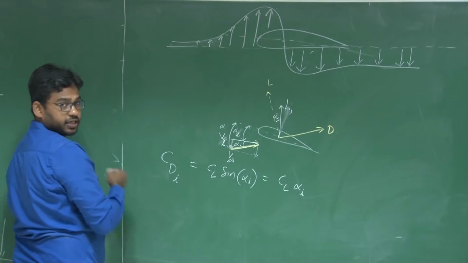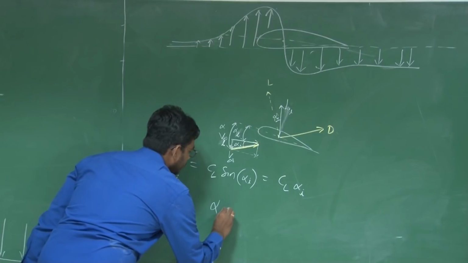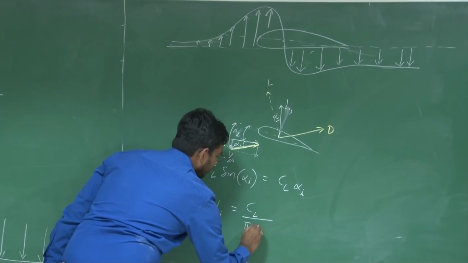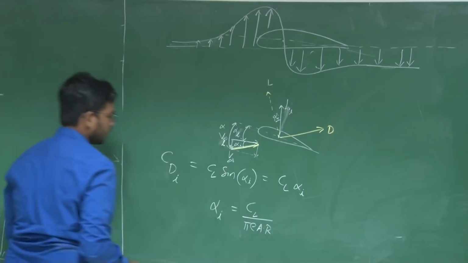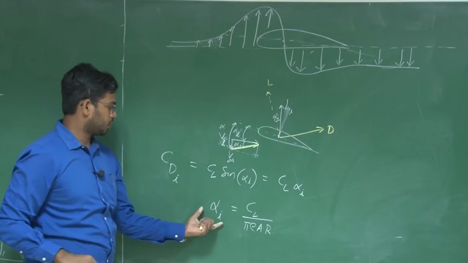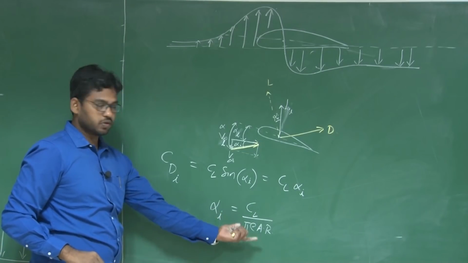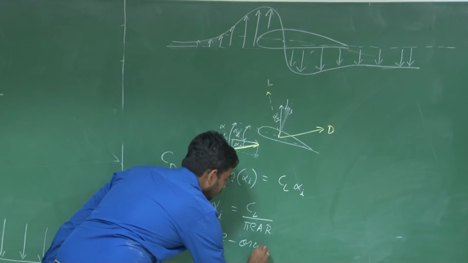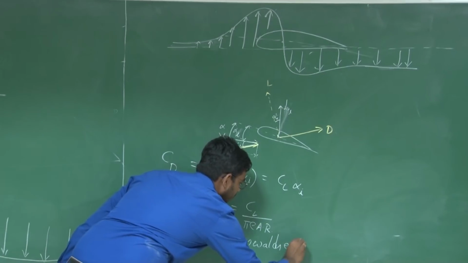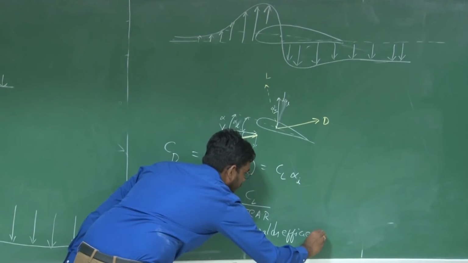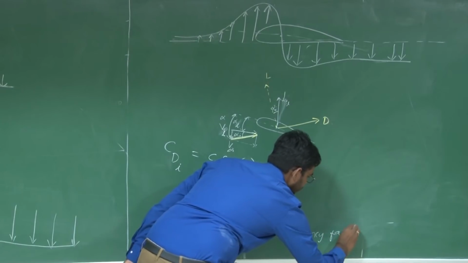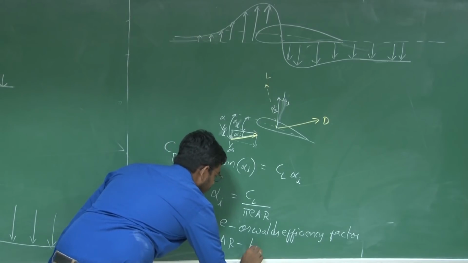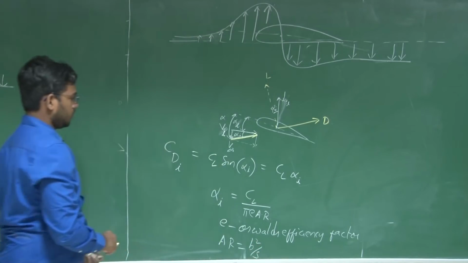So according to this lifting line theory, this alpha I is equal to CL by pi E AR. Alpha I, or the induced angle of attack, is related to lift by alpha I equals CL by pi E AR, where E is the Ostwald's efficiency factor. Okay, and AR is the aspect ratio, which is b square by S, right?